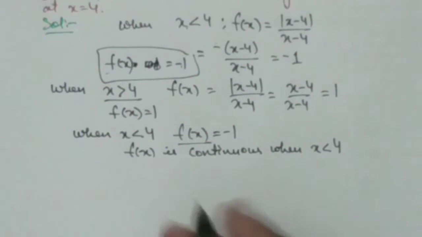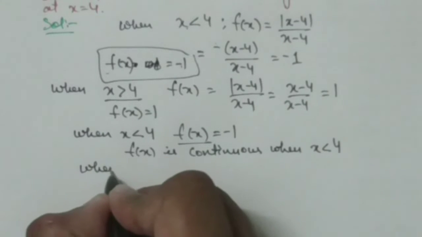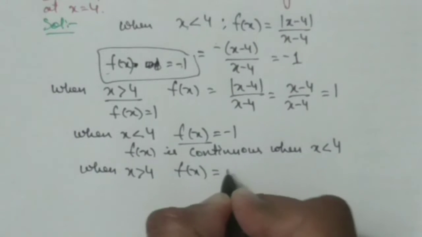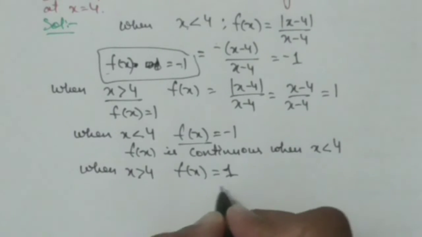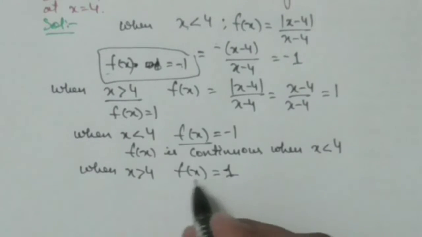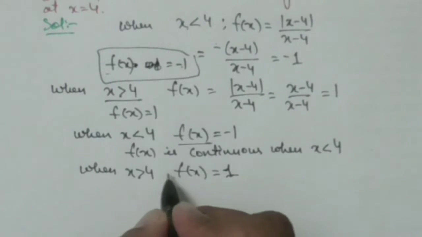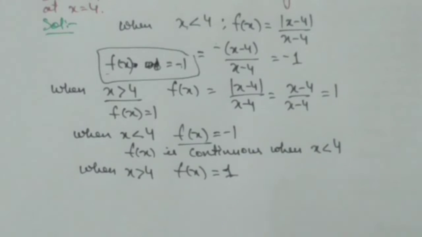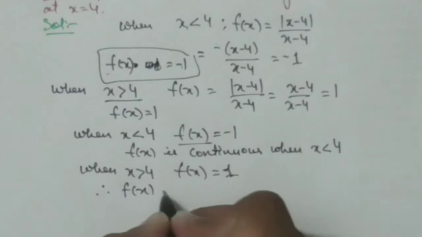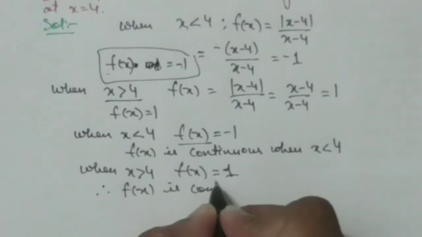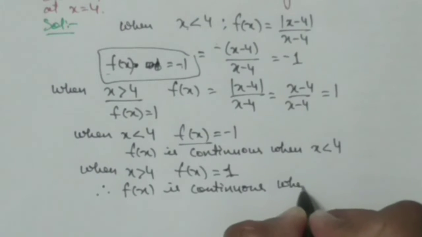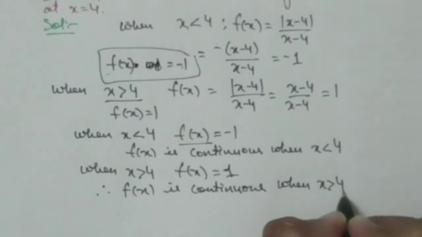Now see, when x is greater than 4, then f(x) is equal to simply 1. So here also it is a constant function when x is greater than 4. So constant functions are continuous. Therefore f(x) is continuous when x is greater than 4.